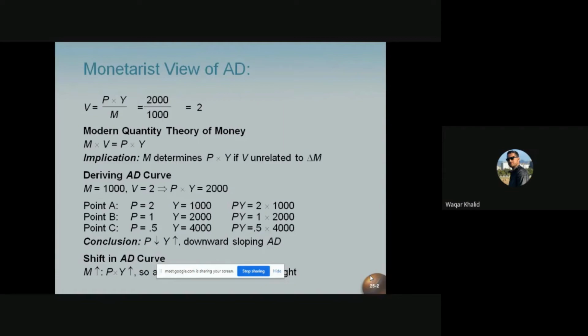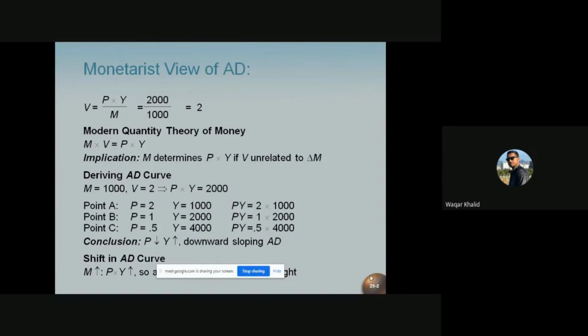Government spending is the first factor, government taxes the second, consumer willingness to spend the third, and finally, business willingness to spend is the fourth important factor. These four factors cause the aggregate demand curve to shift.